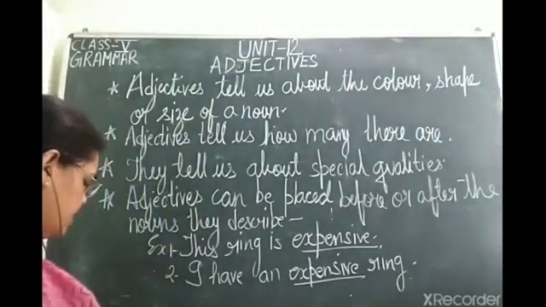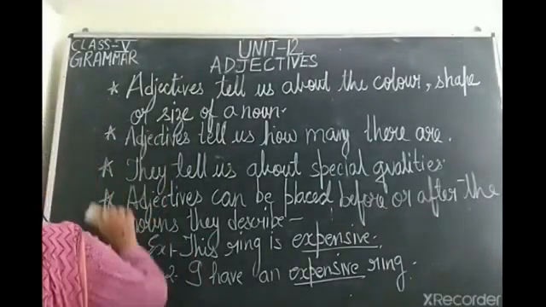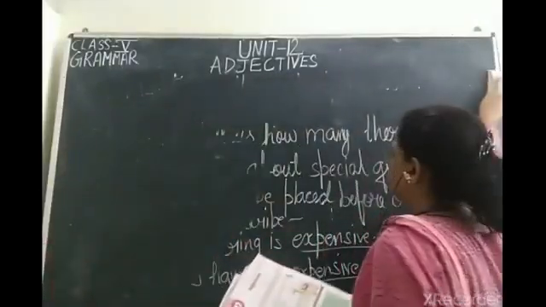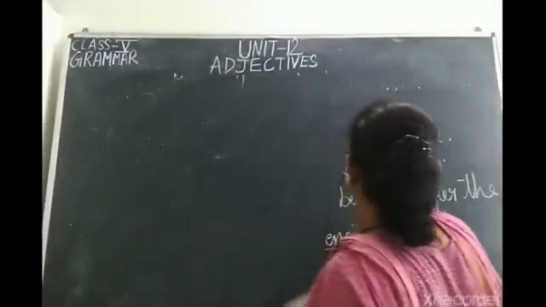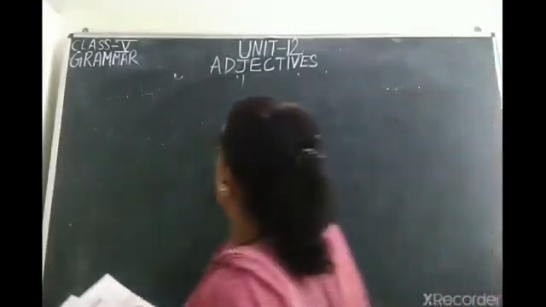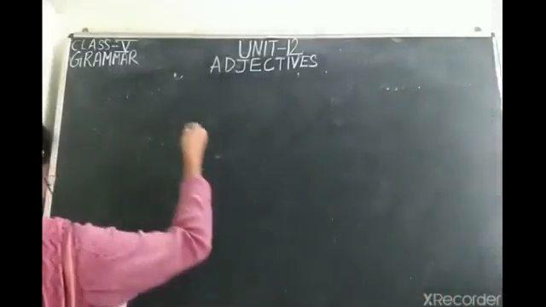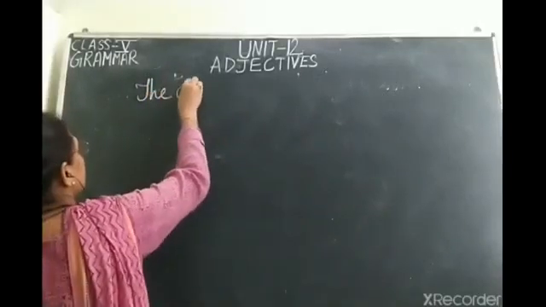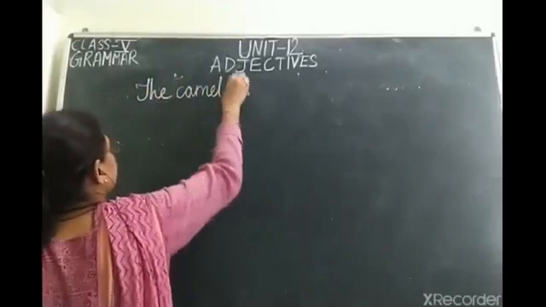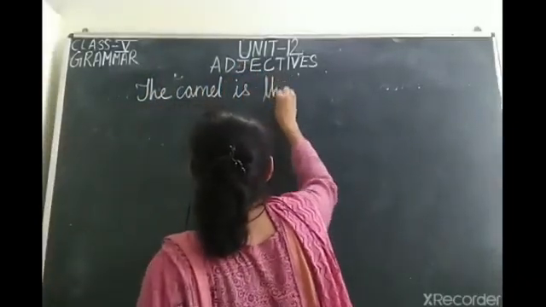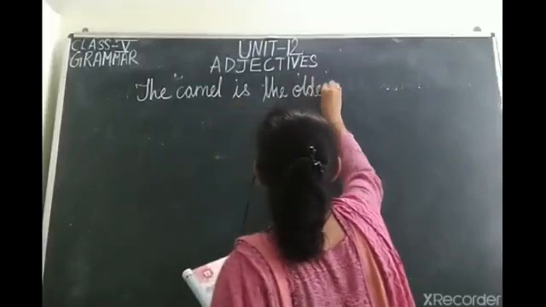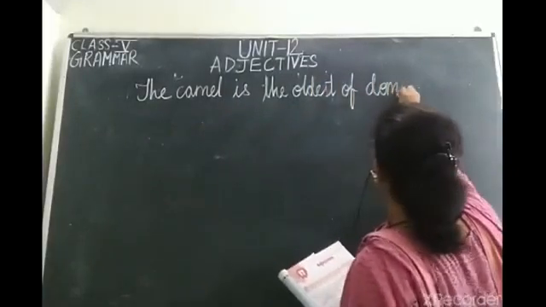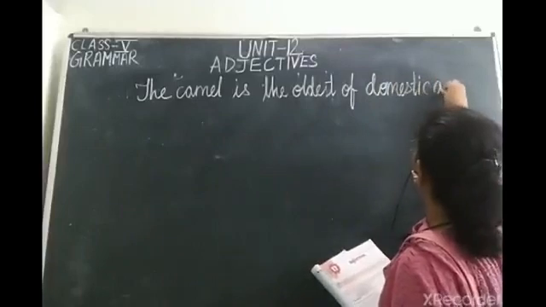Now let's go through the paragraph given on page number 51. I will explain that paragraph so that adjectives are clear to you. Now the paragraph is: The camel is the oldest of domestic animals.